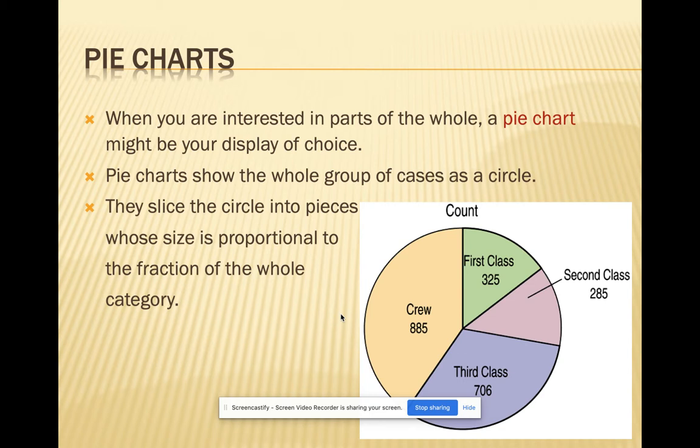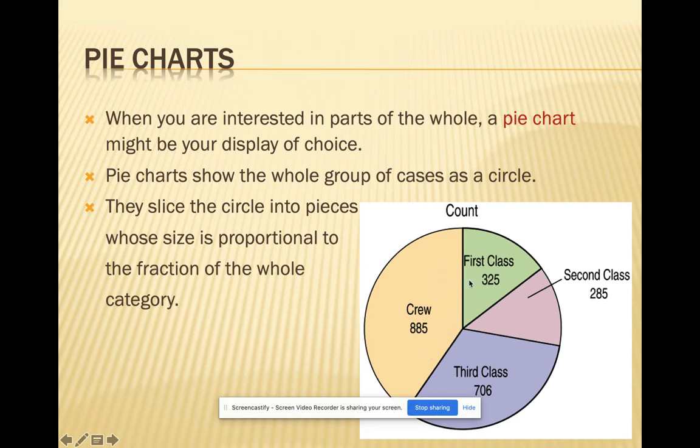All right, pie charts are a great way to show the parts of a whole. Okay, so here we've got the whole, everybody that was on the Titanic, and then we have discrete categories where there's no overlap and where everybody falls into one of the categories.